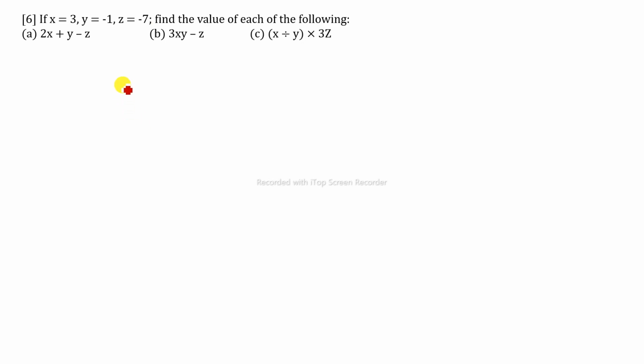السؤال بقى كده: if x is equal to 3, y is equal to negative 1, z is equal to negative 7, find the value of each of the following.